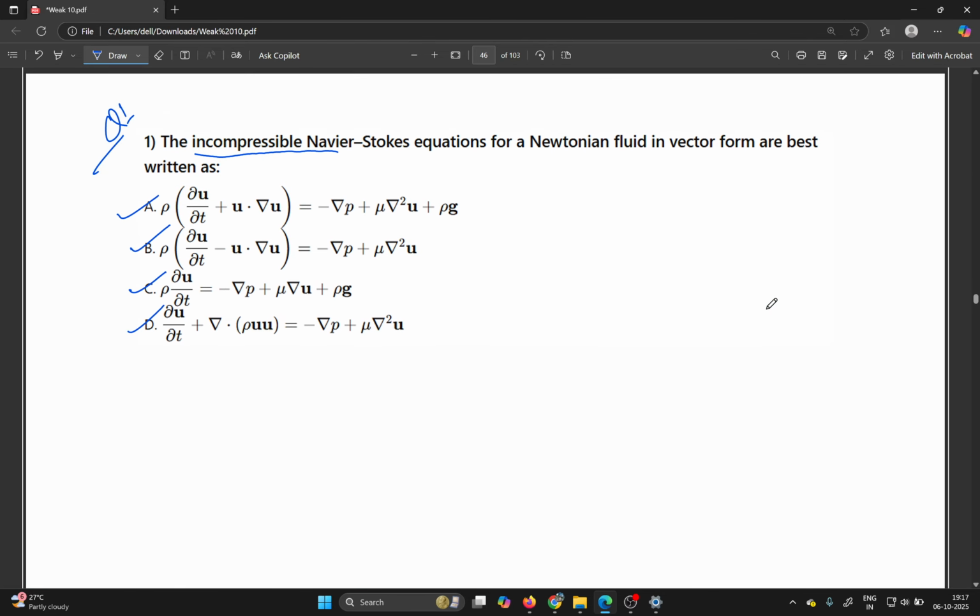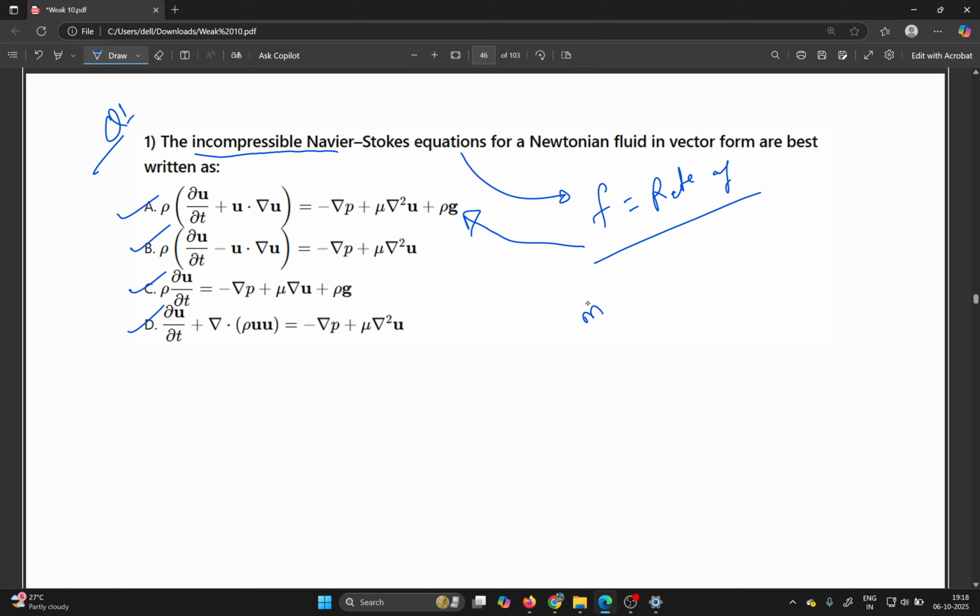Okay, so here the Navier-Stokes equation is nothing but Newton's second law: force is equal to rate of change of momentum. Based on this concept, we have derived the Navier-Stokes equation. This part shows your acceleration.